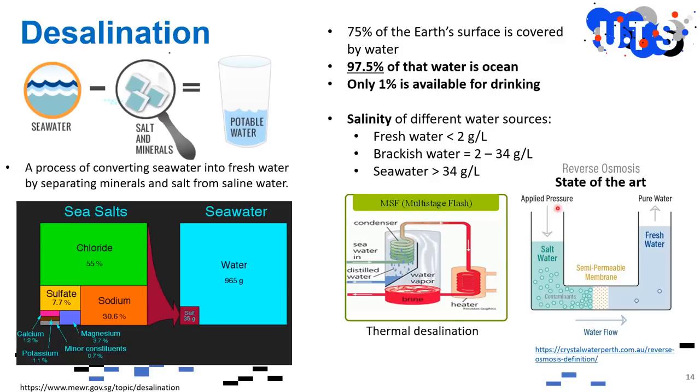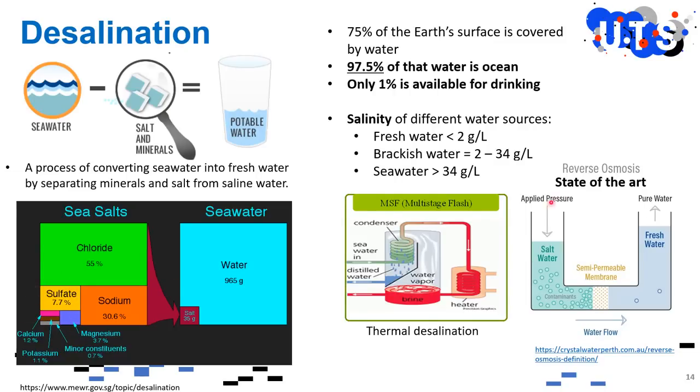This pressure is needed because there are a lot of different components inside the seawater. If you look at the seawater here, most of the constituents are chloride and sodium, that's why NaCl is most of the salts. And there are other minerals and some metals as well that compose the seawater.